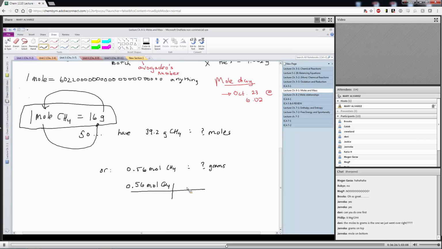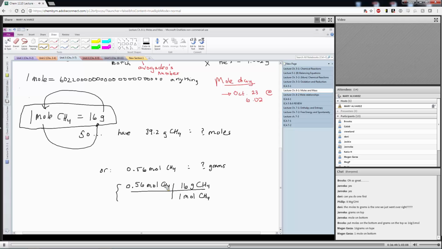Okay, so Janica says for this particular problem, we want grams on top and moles on the bottom, so they'll cancel. So my moles are here, 1 mole of CH4 on the bottom, and my grams are here, that is 16 grams. I should say it's 16 grams of CH4. Okay.